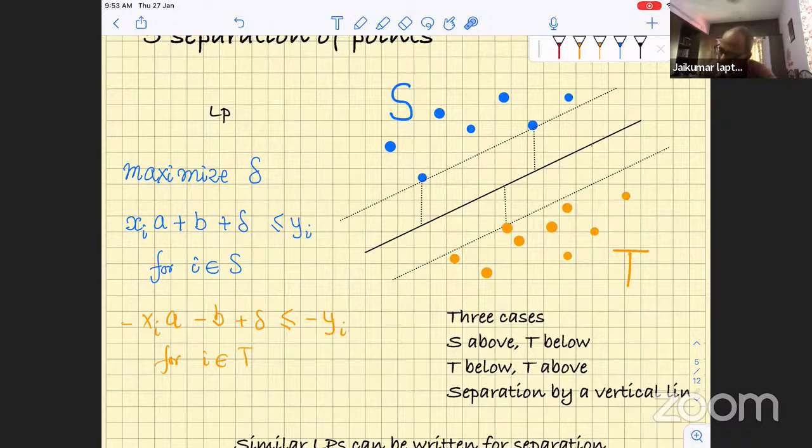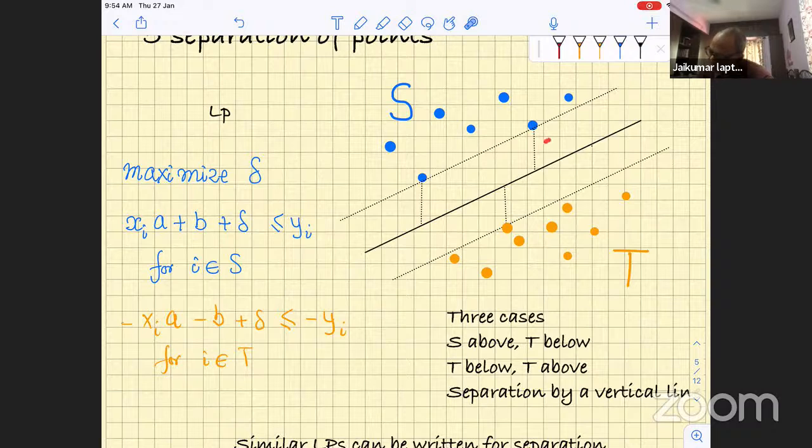I'm getting a little confused. Is this inequality right? What am I saying? For all the blue points, it must be the case that if you take the line and subtract the yi, it should be less than minus delta.